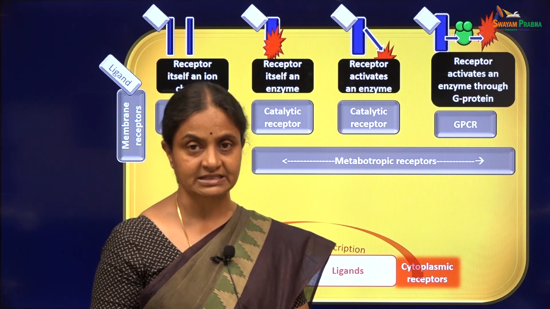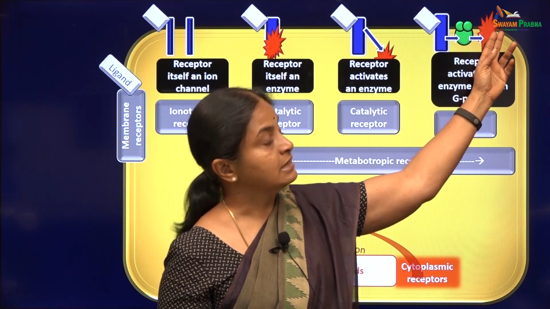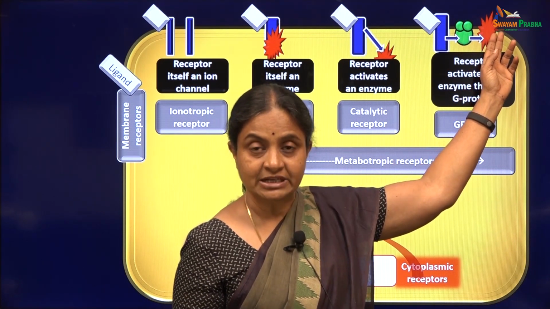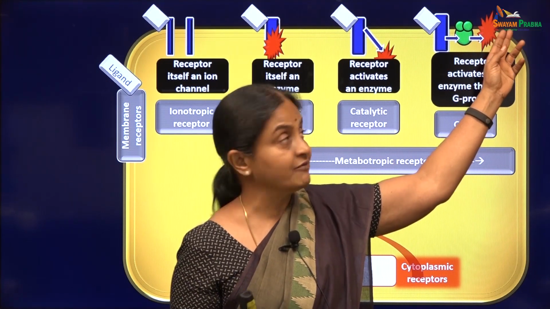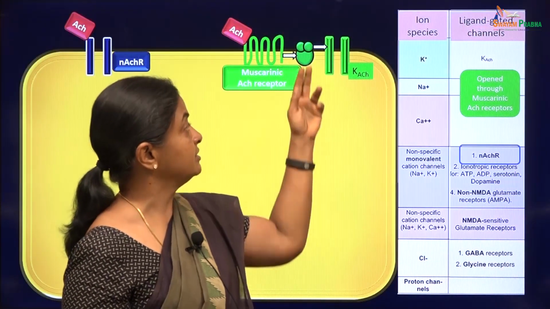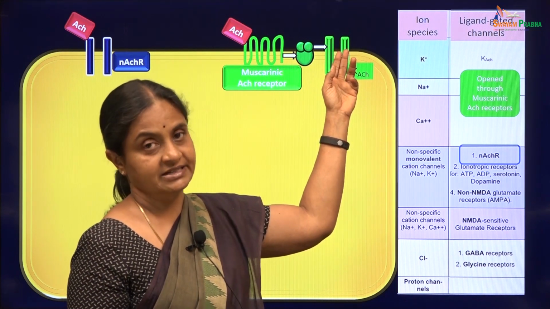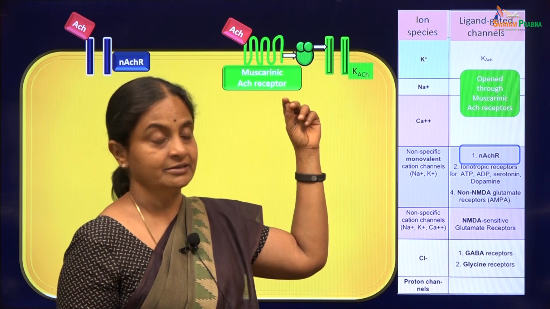That was just to keep things simple. We spoke about 4 types of G proteins acting on 4 different types of membrane enzymes. They were all enzymes. We kept them together. But now, yes, here is a G protein which is not acting on an enzyme, but is opening an ion channel directly. That is the KACH channel.